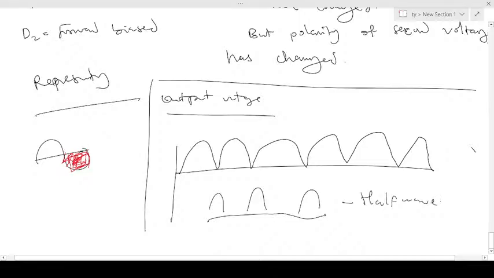In the center tapped full wave rectifier, when D1 is going through its positive half cycle, D2 is going through its negative half cycle. When D2 is going through its positive half cycle, D1 is going through its negative half cycle. So there's a constant supply of voltage.